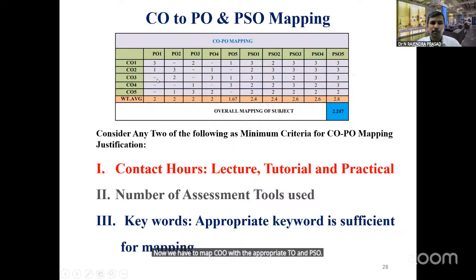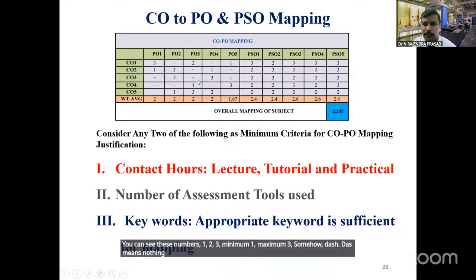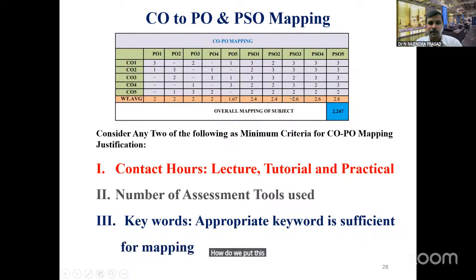You can see these numbers 1, 2, 3, minimum 1, maximum 3. Some have a dash. Dash means nothing, no mapping. How do we put this? These numbers 1, 2, 3 in this table represent the mapping level, the mapping strength between CO and PO.